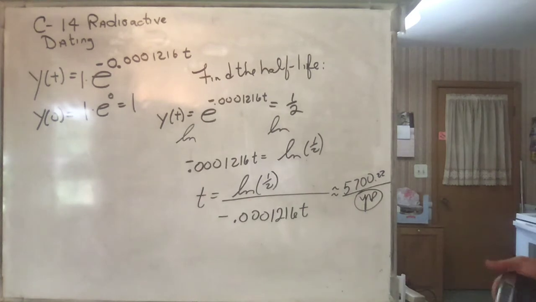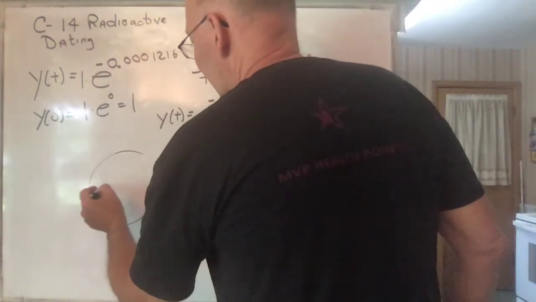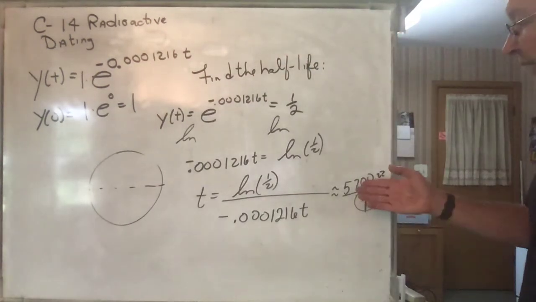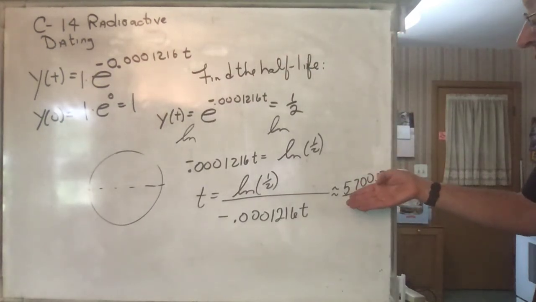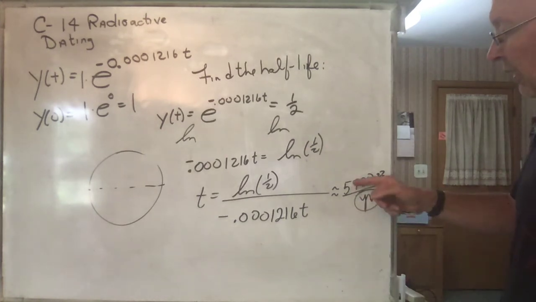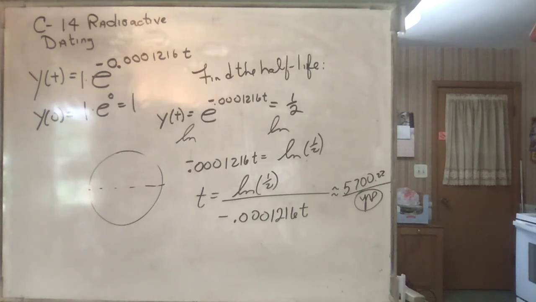So in other words, it takes about 5,700 years if you had a big lump of carbon-14 for half of it to disappear. And once half of it disappears, you know that that much time has gone on. If 3/4 of it have disappeared, then you know that this times 2 has happened, and so on. And so that's where that can be very helpful.